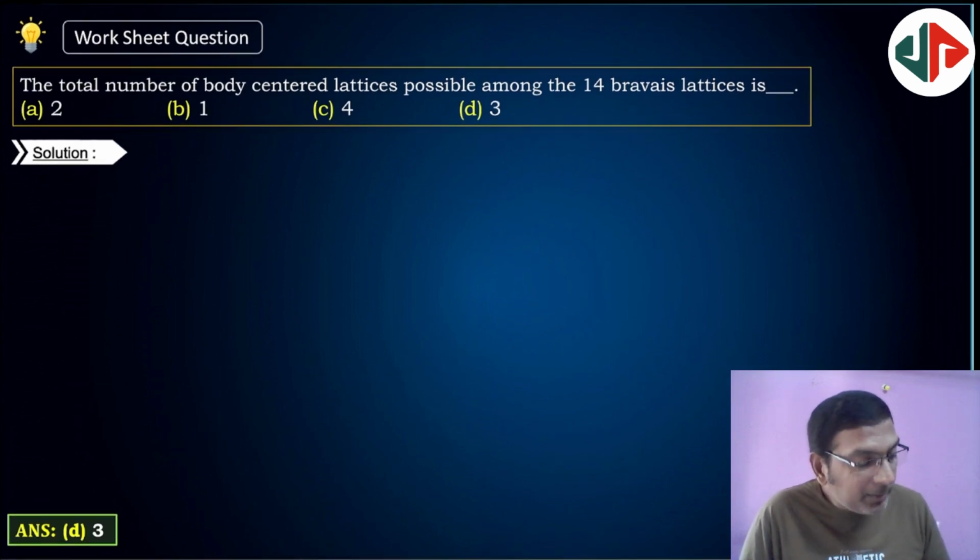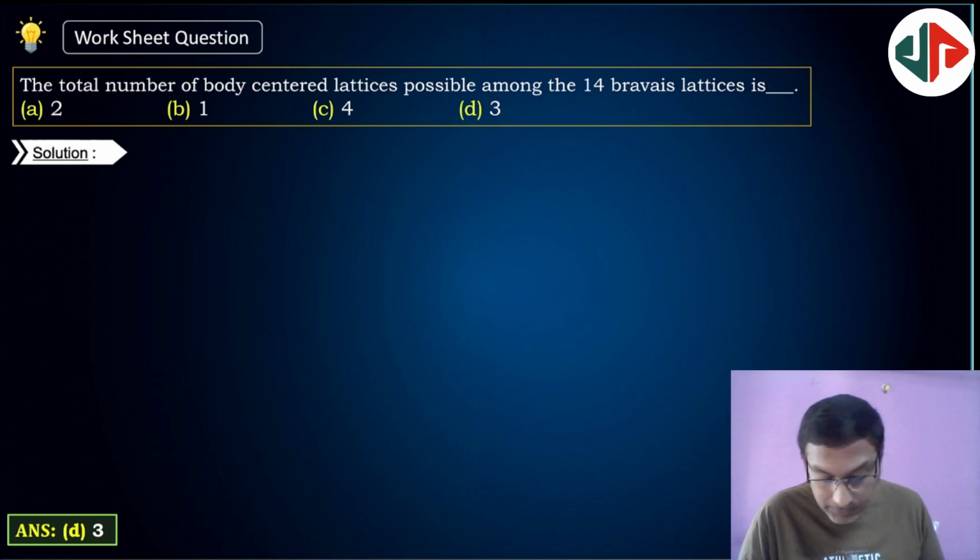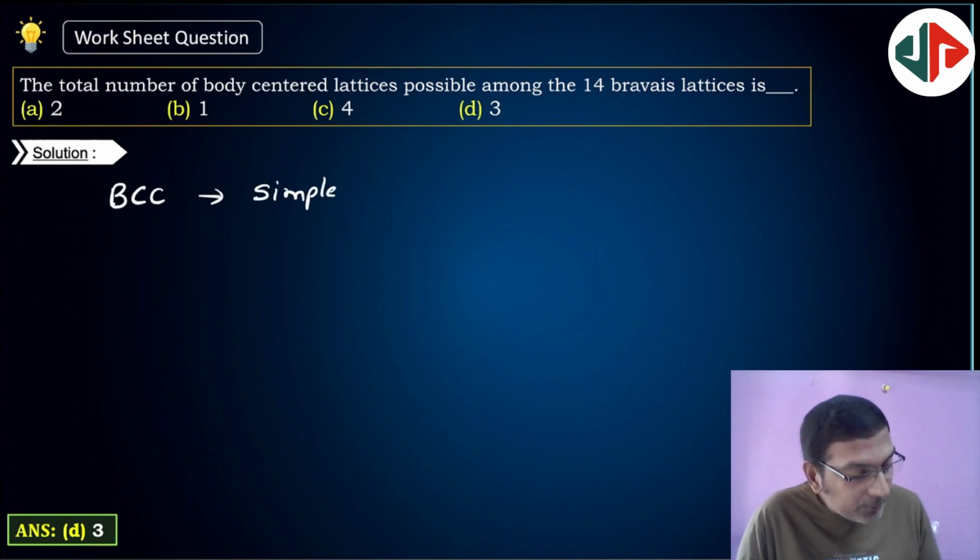Total number of body-centered lattices possible among 14 Bravais lattices. So body-centered is present in the simple cubic, that means cubic system, tetragonal system and orthorhombic system.